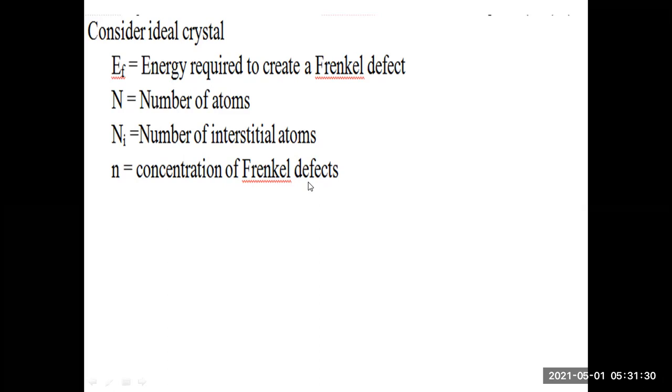This should be very clear to everybody that since we are considering the ideal crystal, E F is the energy required to create a Frenkel defect, capital N is the number of atoms, N suffix I is the number of interstitial atoms, and small n is the concentration of the Frenkel defect. Clear, everybody?